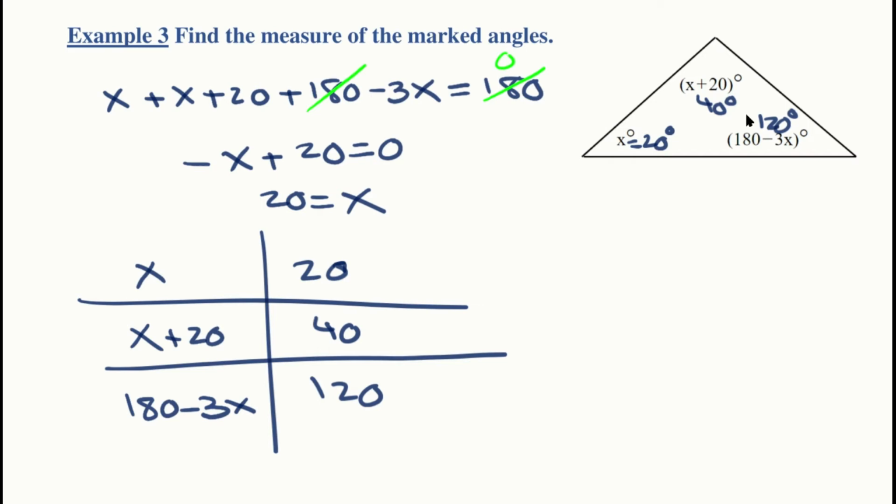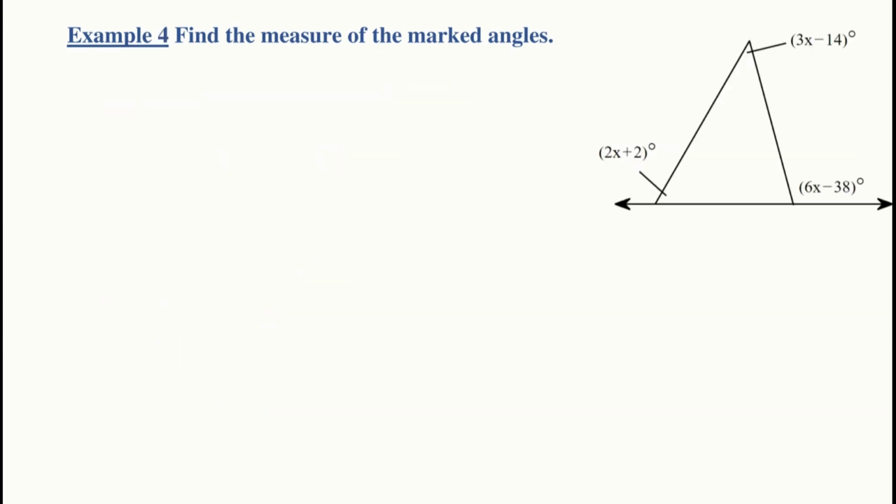The reason, of course, I say it's not drawn to scale is because this certainly does not look like a 120-degree angle, right? But you always go with the facts, not with the appearances, because your shapes may not be drawn to scale.